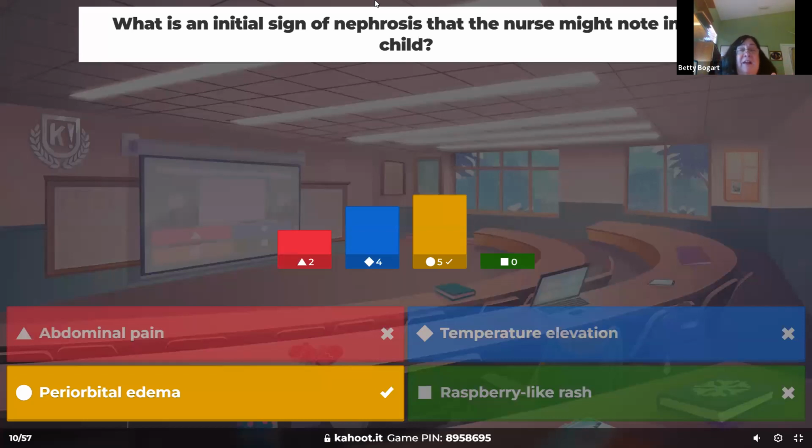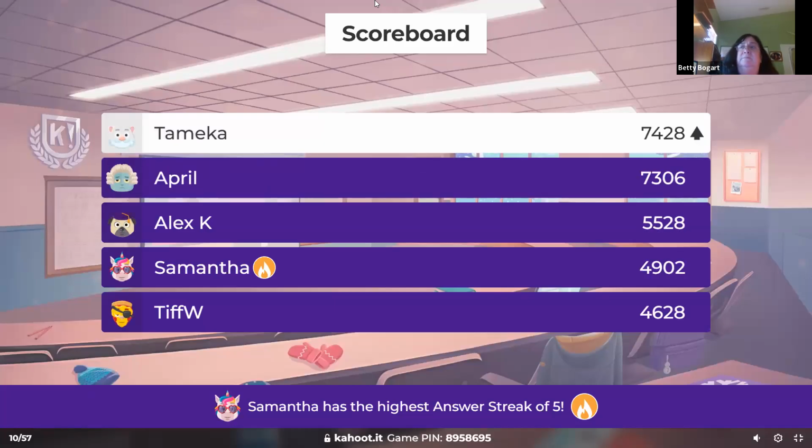So kidneys regulate urine. If there is an osis or inflammation, it could cause peritoneal edema, periorbital edema. So there's a holding of fluids. Remember, kidneys, fluid. It urinates or it holds it.